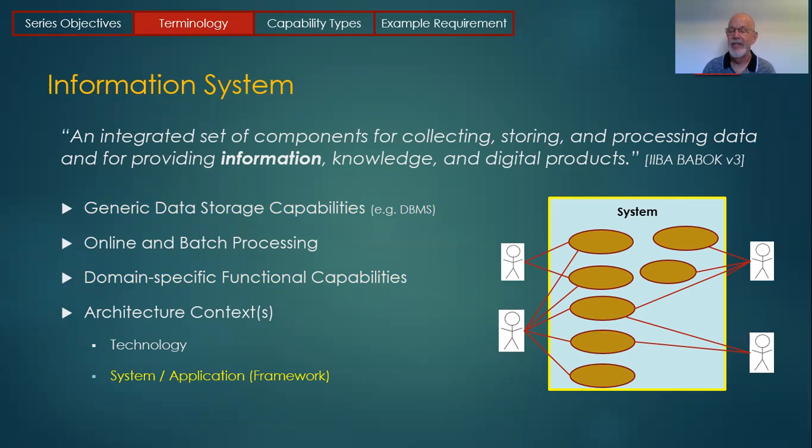If you're using the web and you're using a consistent set of screens, there's usually an application framework. So all of your components should use that same framework. So that's an architectural context. And lastly, some organizations have data architects. And if you have a data architect, one of the main things they look after is your database management system in terms of what data is allowed to be stored, what data isn't. So these are all characteristics of an information system.